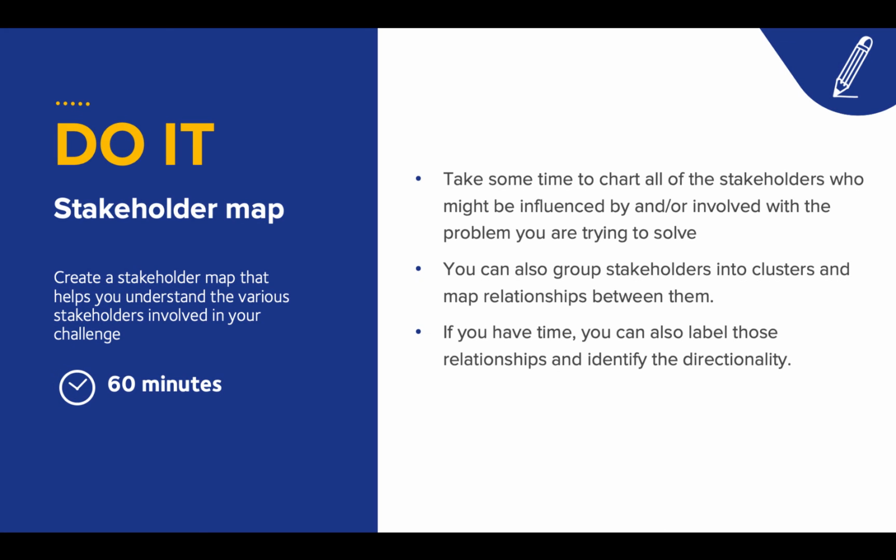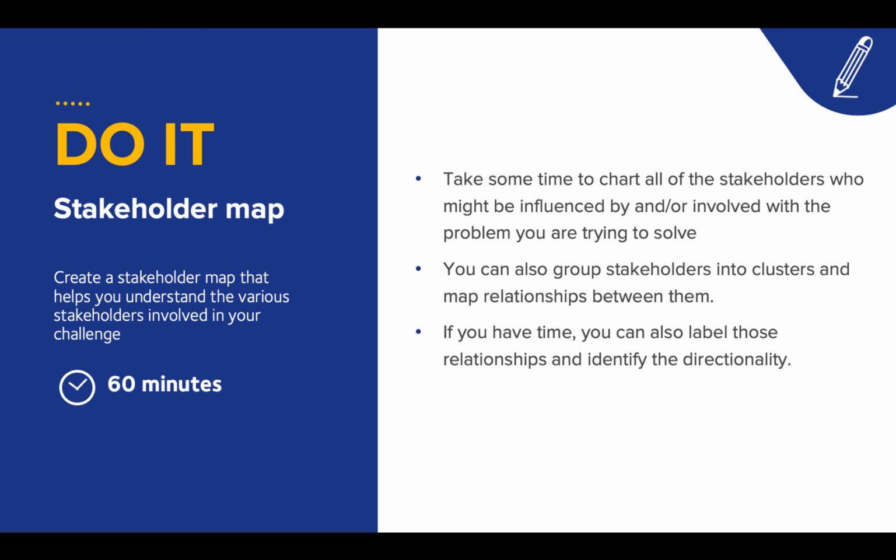So the next activity you should be doing is to create a stakeholder map. You want to create a stakeholder map to increase your understanding of who is involved in your challenge. In order to create the stakeholder map, you as a team should take some time to identify all the possible stakeholders who might be influenced or are involved with the problem you are trying to solve.